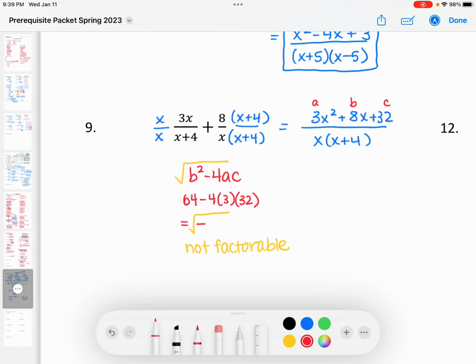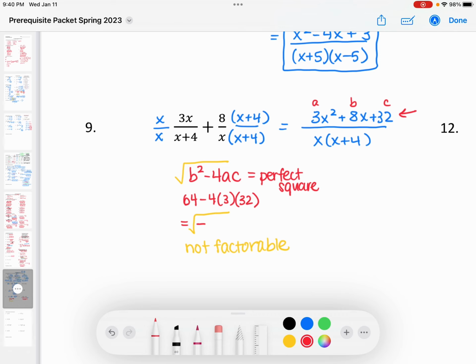In fact, unless this comes out to be a perfect square, like 25, or 81, then I know that I could factor this, but that's just a quick way that I can check to see if that'll even factor at all.